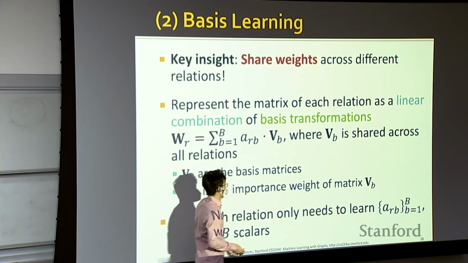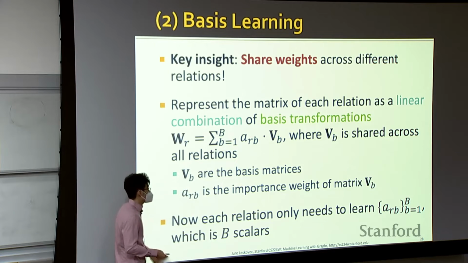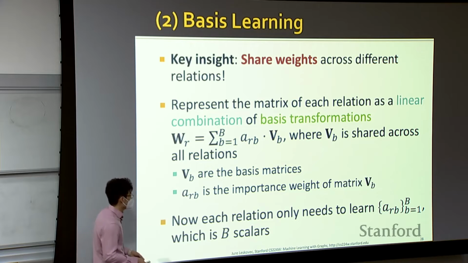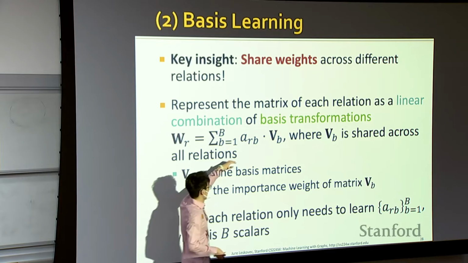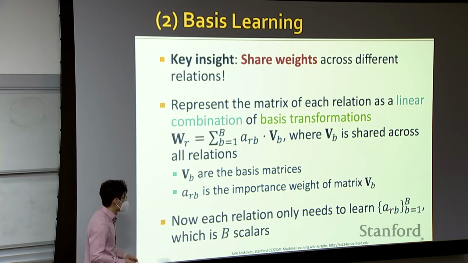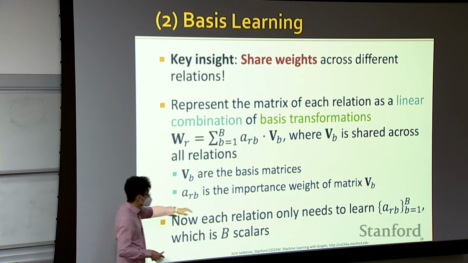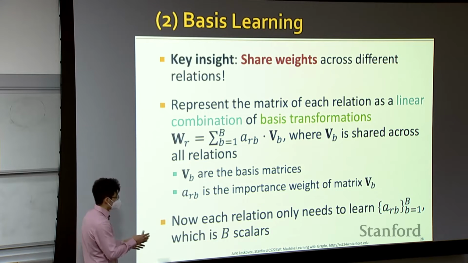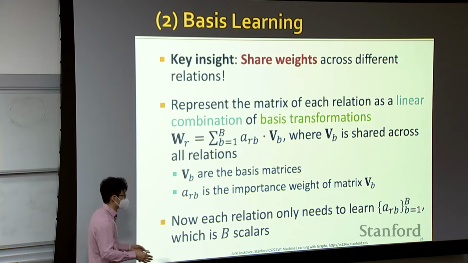We have another matrix V_b, a so-called basis matrix, and then we train a trainable vector a_rb that tells us the importance of the weights of different columns of this matrix V_b.